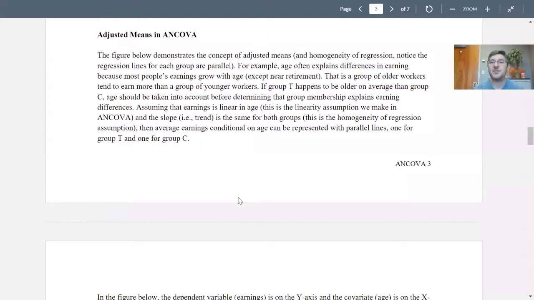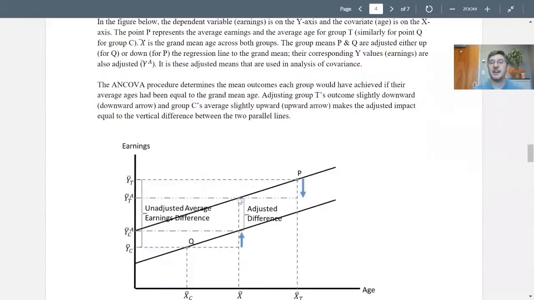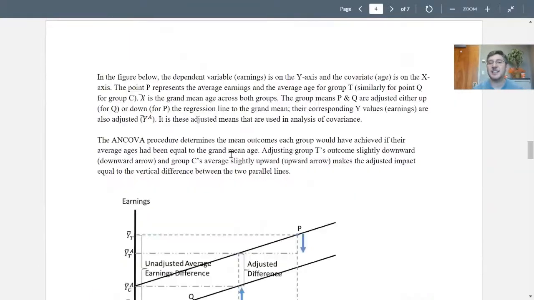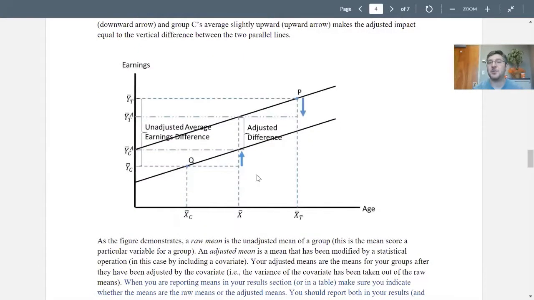In this section, I've tried to explain this idea of what's going on with the adjusted means. So we have 2 groups here: a treatment group and a control group. This diagram illustrates the homogeneity of regression assumption; that's what these parallel lines would indicate.